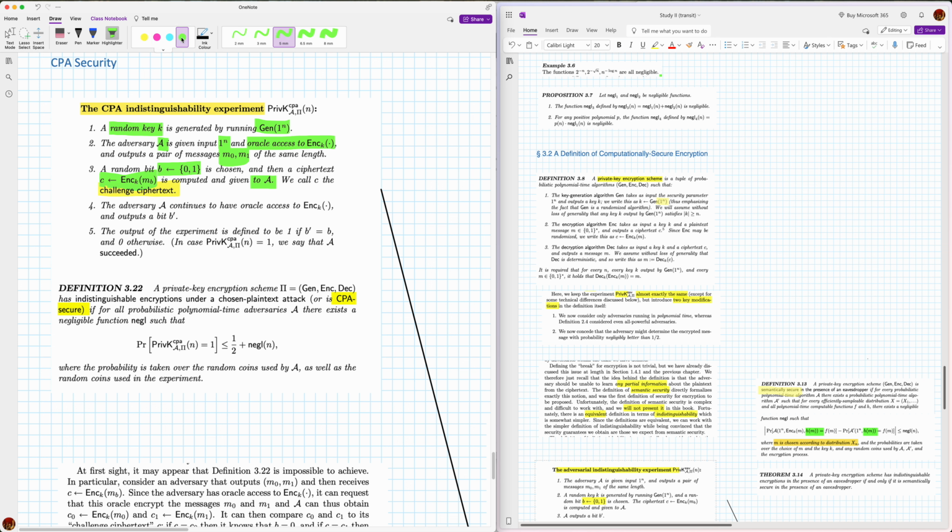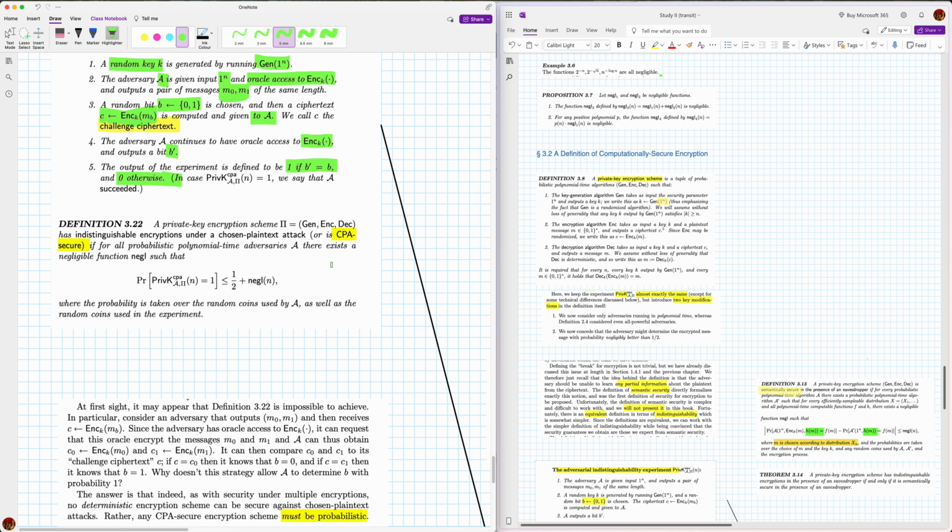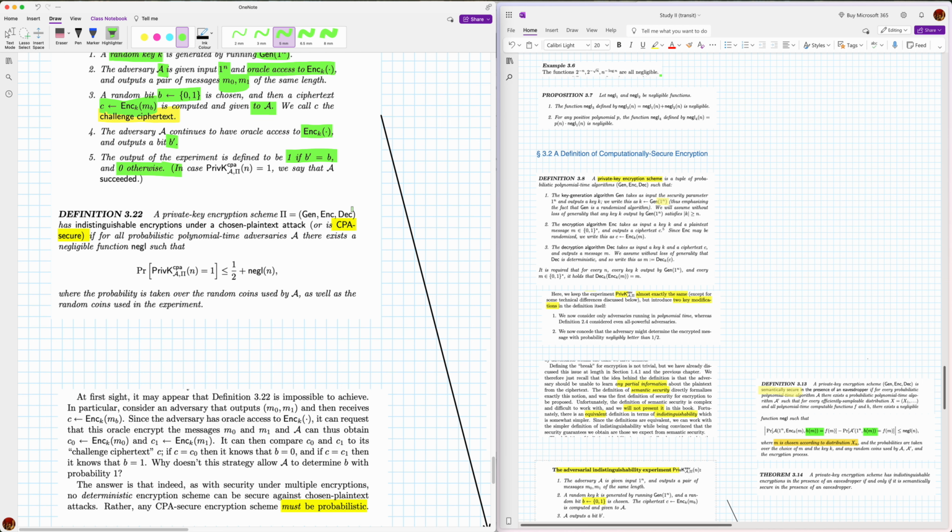The adversary continues to have access to the encryption oracle and makes a guess b prime for which message was encrypted. The challenger accepts if b prime equals b and rejects otherwise. A scheme is CPA secure if the game can only be won with probability at most half plus negligible.